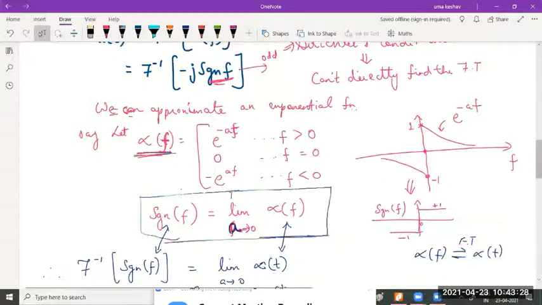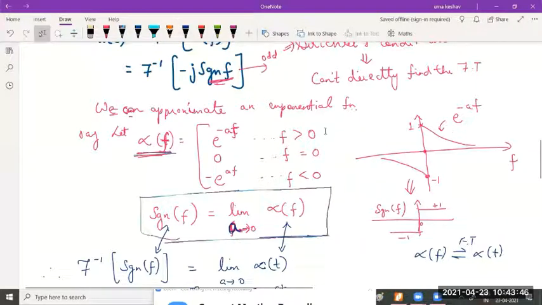So I should use an approximation of a new function which involves exponentials, rising and falling exponentials, and then I should get the signum function by taking the limit as a tends to 0 of this new function.